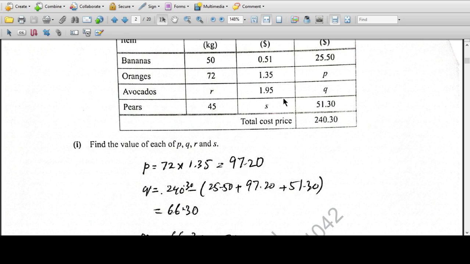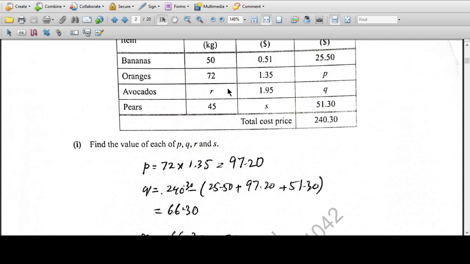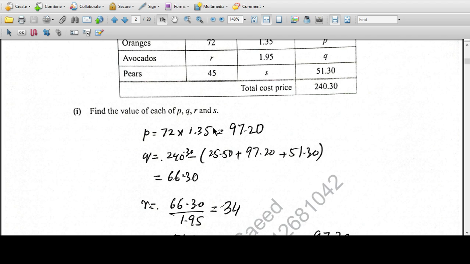The P value is obtained from here, 97.20, and this S value is 51.30. On subtracting we get 66.30. In this avocados row, R into 1.95 is equal to Q. Q is already obtained, so R is equal to 66.30 divided by 1.95, which is 34.